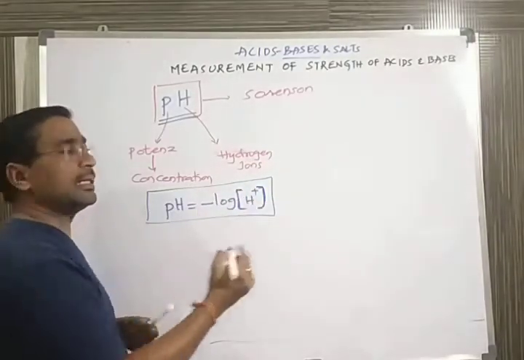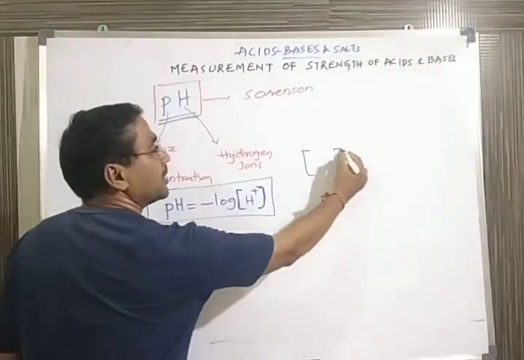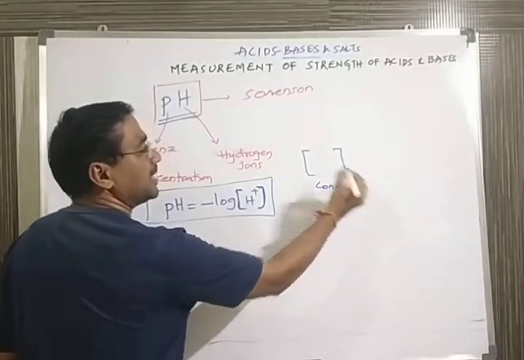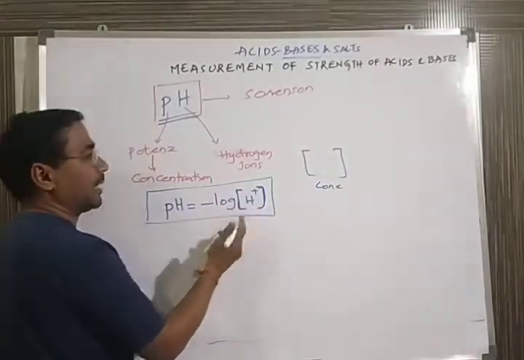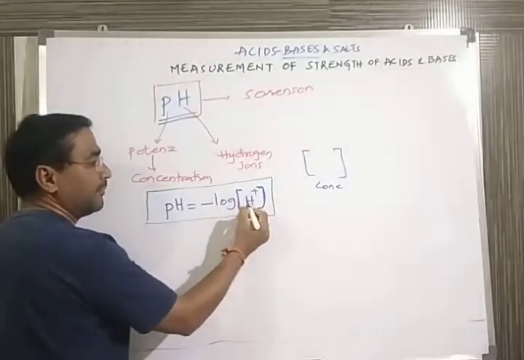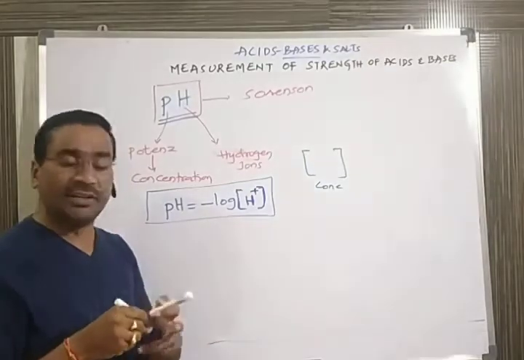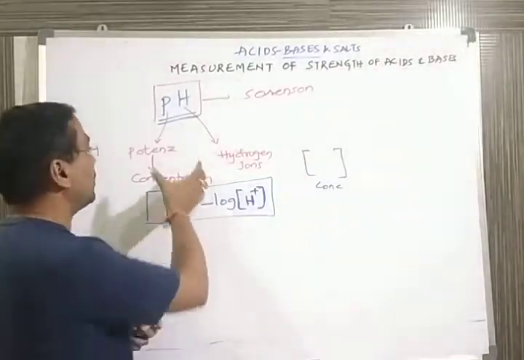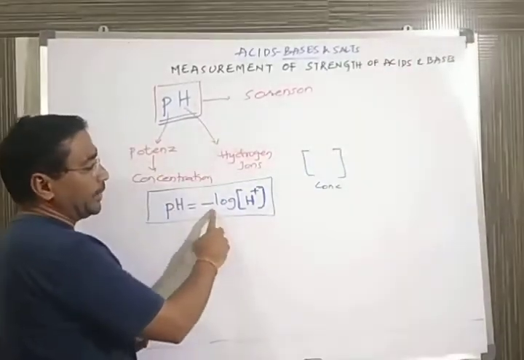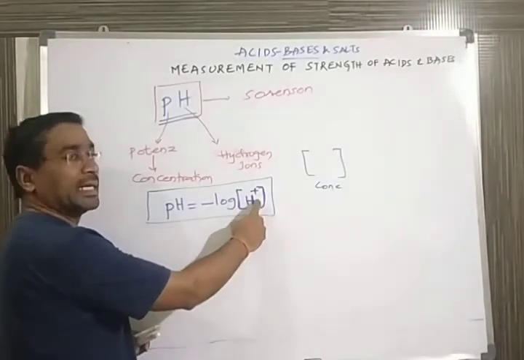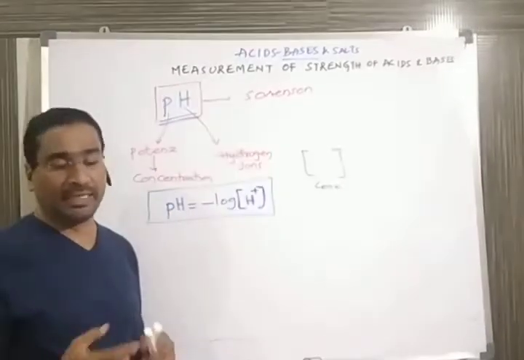In chemistry, a square bracket indicates concentration. Which concentration are we taking? The H plus ion. So if you want to write the definition: the negative logarithm of H plus ion concentration is called pH.